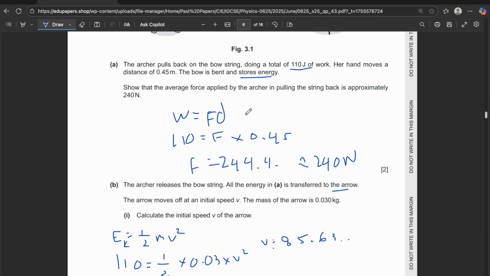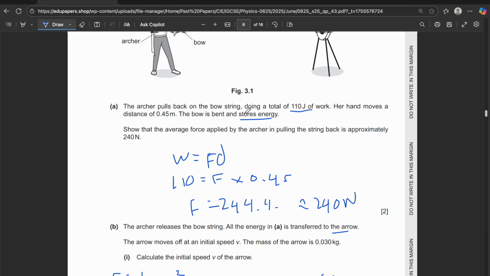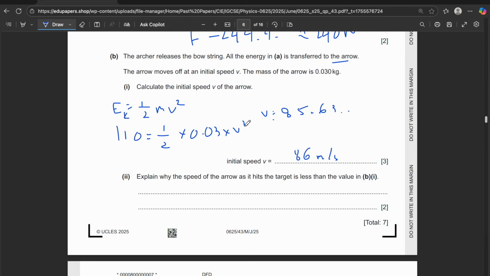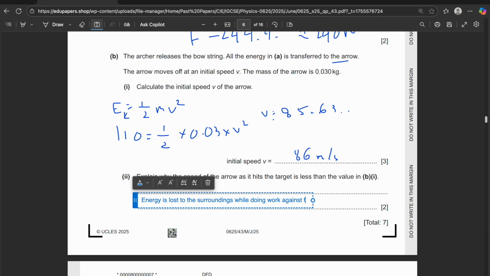It will be lost to the surroundings because of the air resistance. You have to do work against friction or air resistance. The energy will be lost there. So you can write something like: energy is lost to the surroundings while doing work against air resistance.